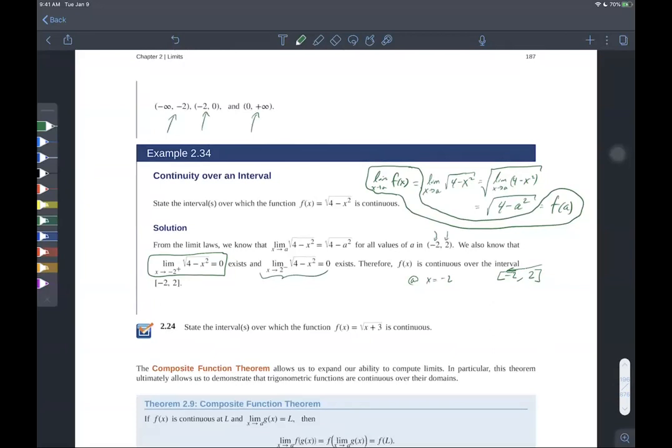So what we need to hold is that the limit as x approaches -2 of our function f of x is equal to f of -2. Now, what is f of -2? That's easy to compute. F of -2 is equal to the square root of 4 minus -2 squared. And this is the square root of 4 minus 4. This is equal to the square root of 0, which is 0.